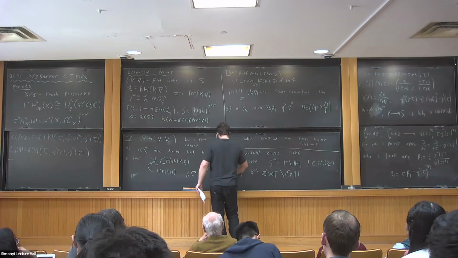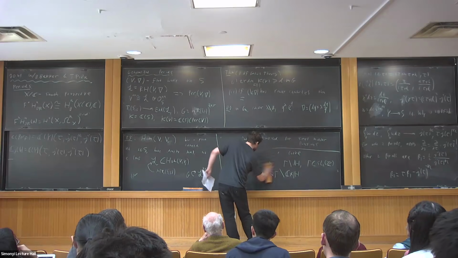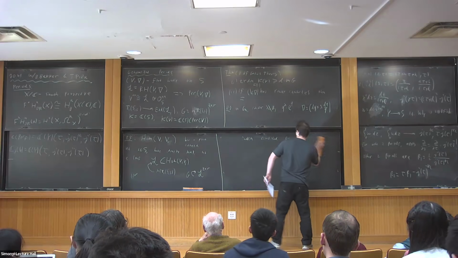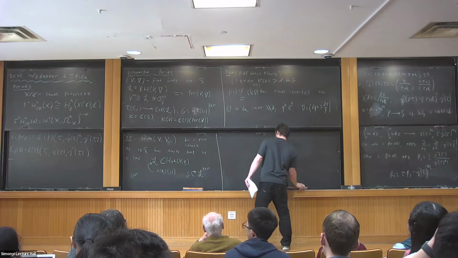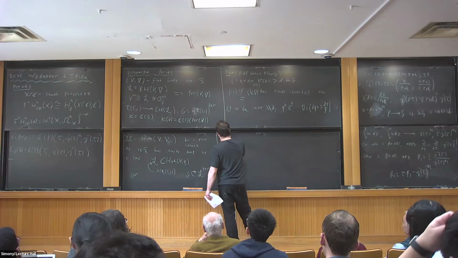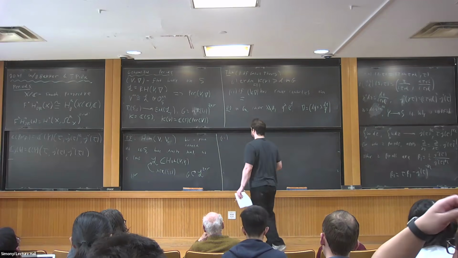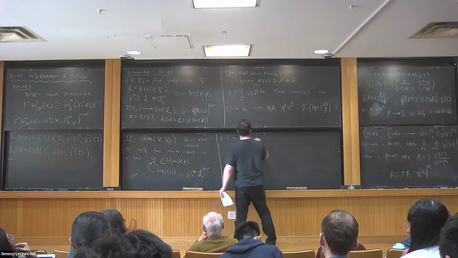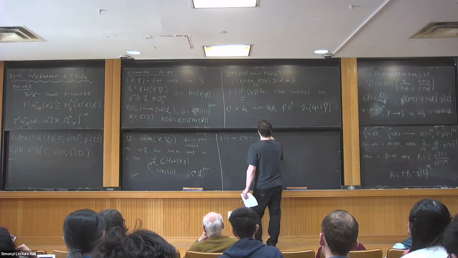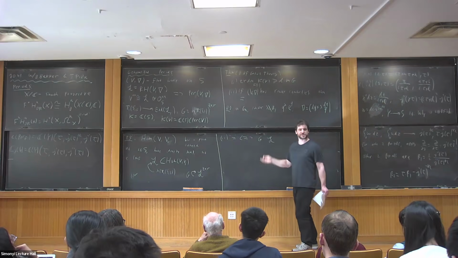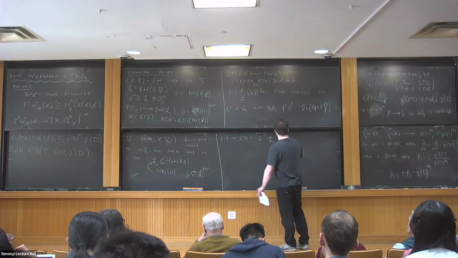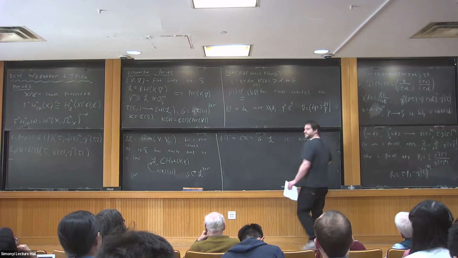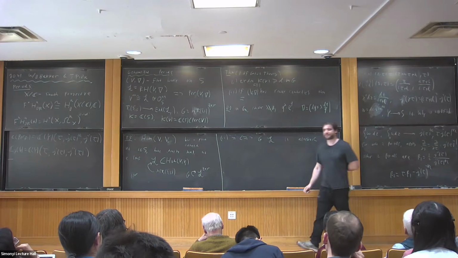So when would you want equality? Well, equality holds if and only if G times L itself, which is a well-defined thing, a G-torsor, is algebraic inside this bundle.